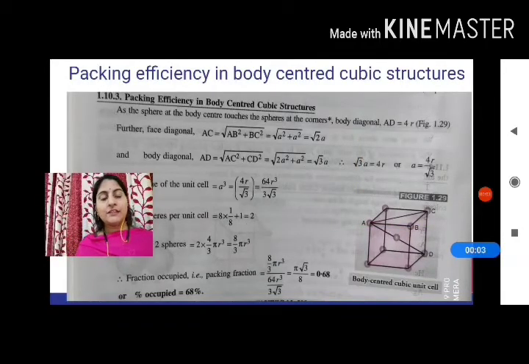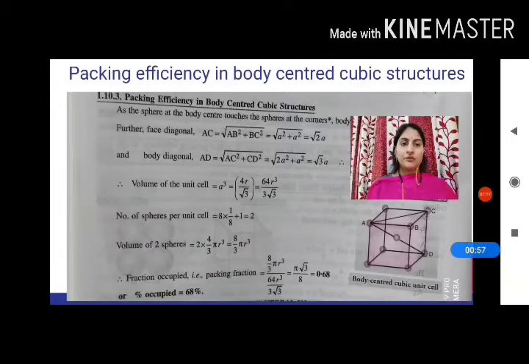From the previous slides, we have calculated the face diagonal as root 2a, and the body diagonal AD is equal to the square root of AC square plus CD square, that is root of (root 2a) square plus a square, which is equal to root 3a. Now we know that diagonally the spheres are touching each other, so root 3a is equal to 4r, which can be simplified as a is equal to 4r upon root 3.